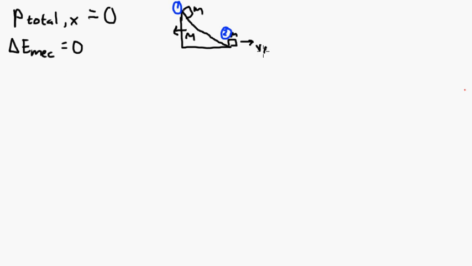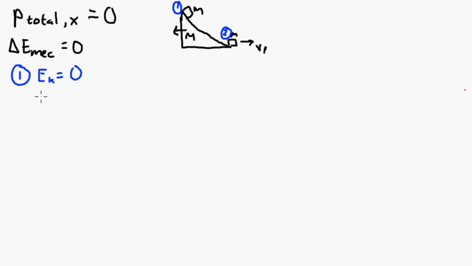So in state 1, what's the kinetic energy of the system? The little block isn't moving, the big block isn't moving, so there's no kinetic energy in the system.